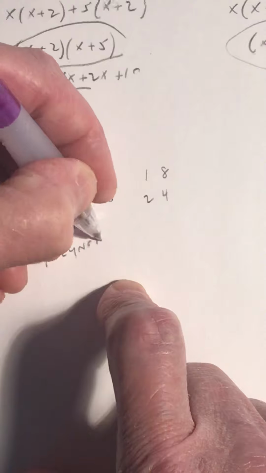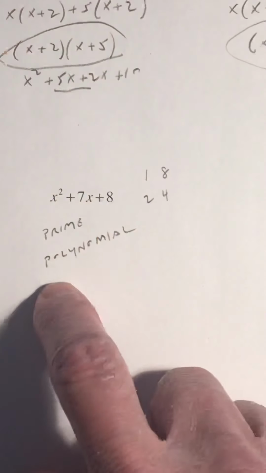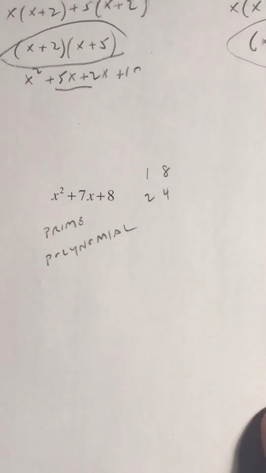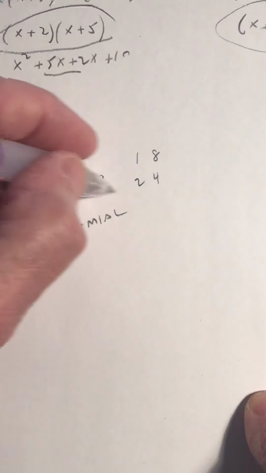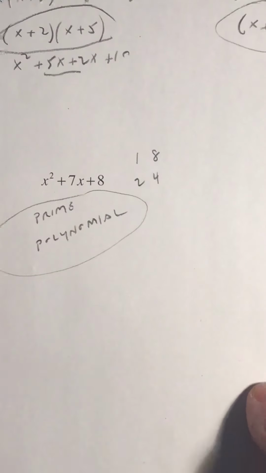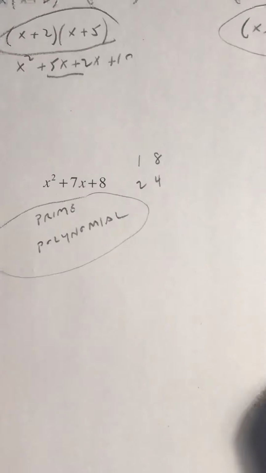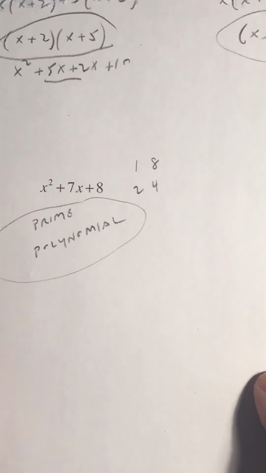It is not factorable. And it's very useful, like in making codes and in doing encryption, in ATM machines, in credit card numbers, all sorts of things where people have to make sort of secret stuff. Prime polynomials are terribly useful.